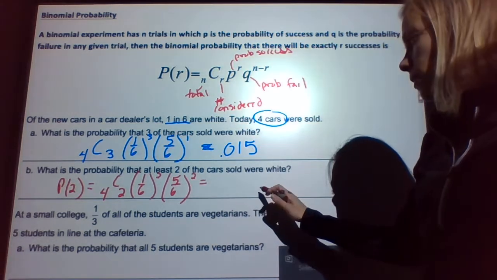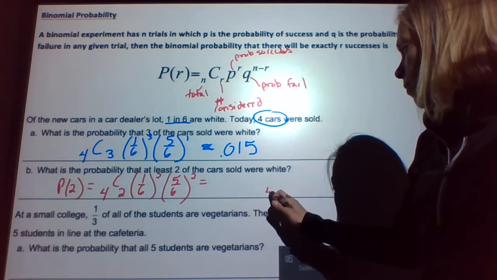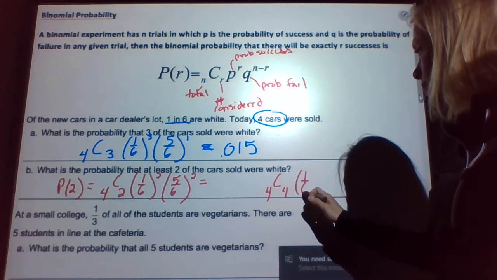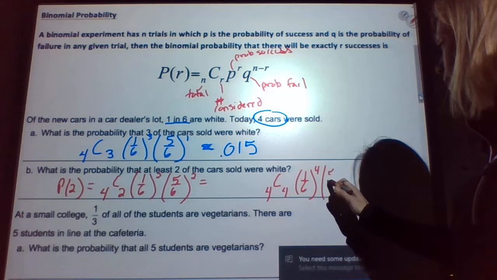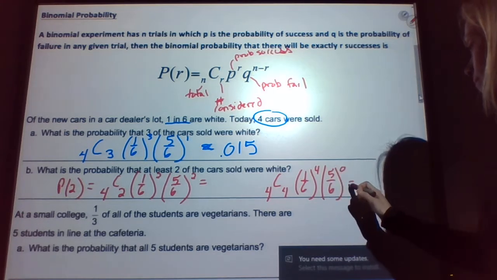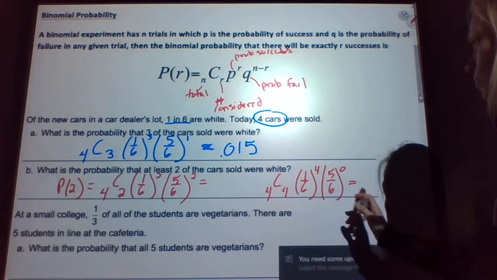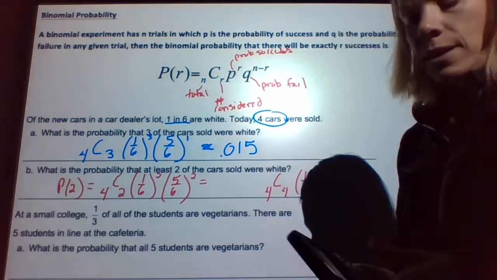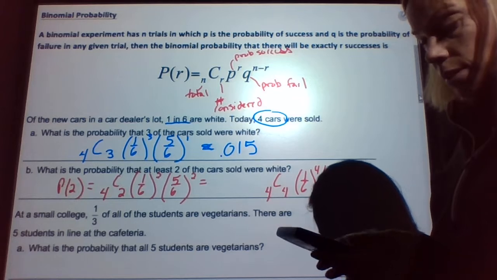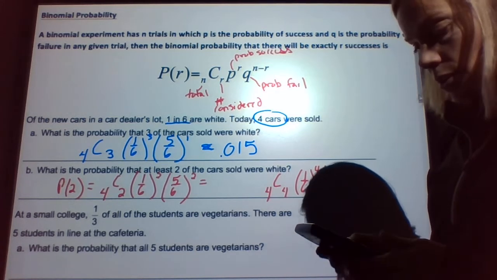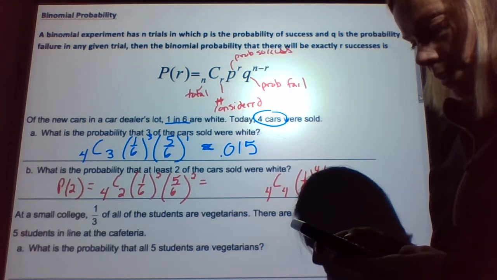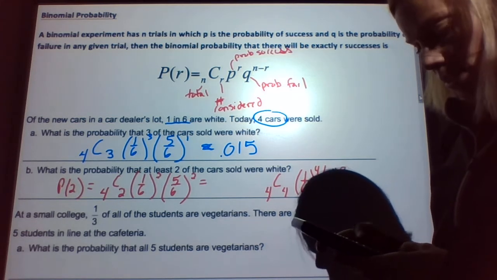And my other one would be 4C4, 1/6 to the fourth, 5/6 to the 0. Then when I calculate those two, I can add all 3 of these together and get my answer. So, handy dandy calculator, let's see, I want 4C2, 1/6 squared, 5/6 squared.